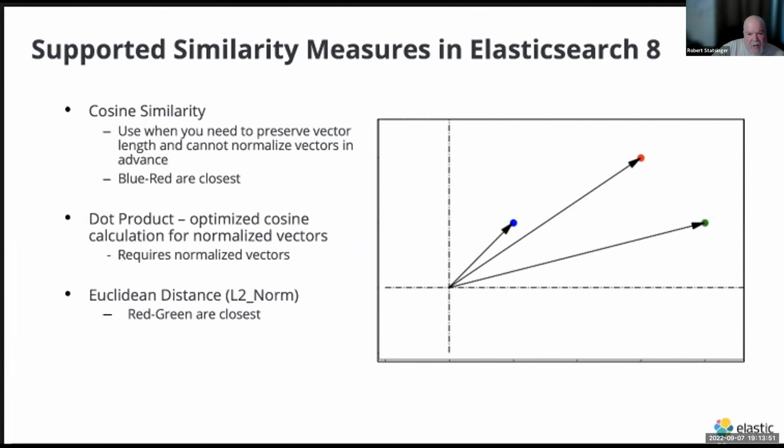Finally, if you're really interested in length comparisons, you can use Euclidean distance, also called the L2 norm. This just measures the distance between the endpoints of vectors. And under that measurement, the red and green would be the most similar vectors in this particular picture. And again, the choice is going to be based on your use case, the design of your model, the design of your application, and so forth.